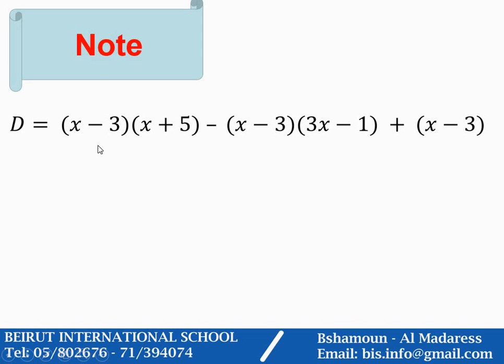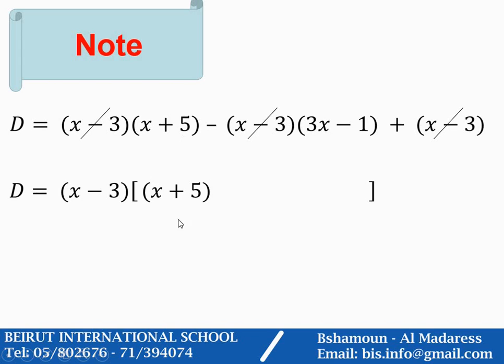Note, the last example is D. D is an expression, as you see, of 3 terms. To factorize, the common is x minus 3, so you simplify it. But what is the note? Wait. You write x minus 3 outside and you open a bracket as we did before, and write inside the remaining of each term.